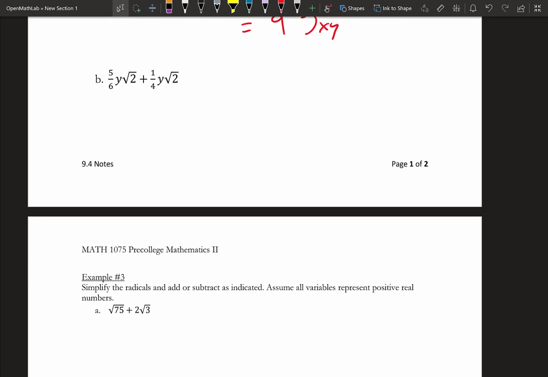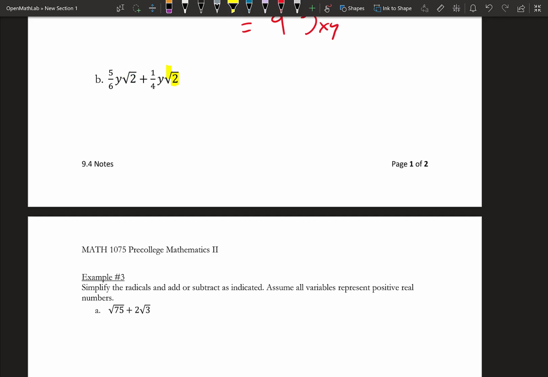So then the next one here may be a little tricky because it's fractions. But notice again, if I pay attention to the index, that matches. It's both 2, and then the radicand is also the same.